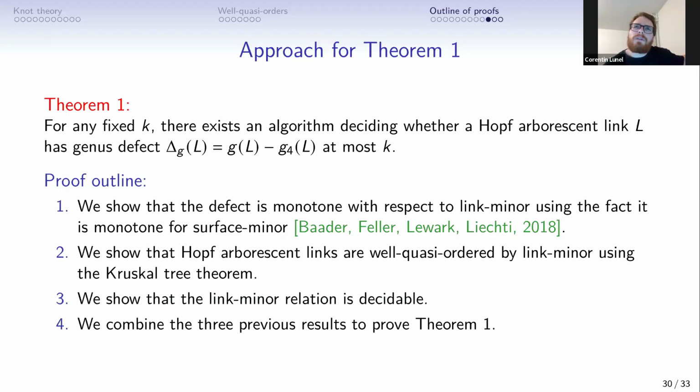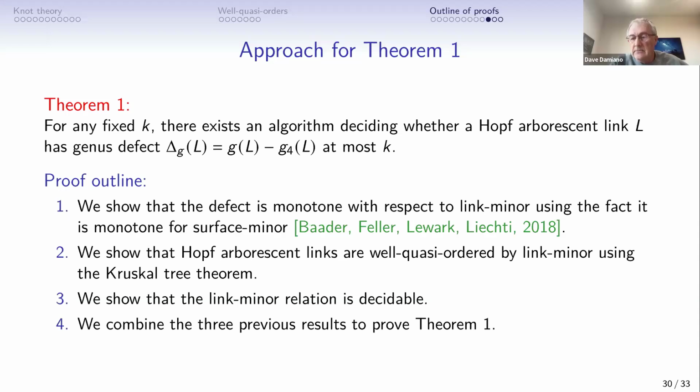So the short answer is that what we do cannot be extended simply to an arbitrary number of twists, even if they are even, because we know that the family of annuli with just 2n twists, where n is an integer, is an antichain for the surface minor relation.